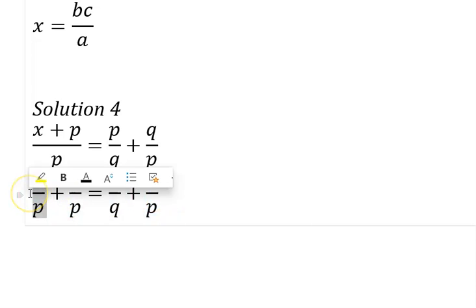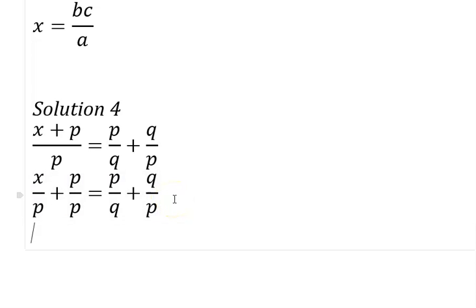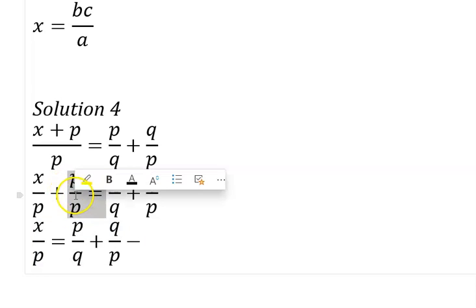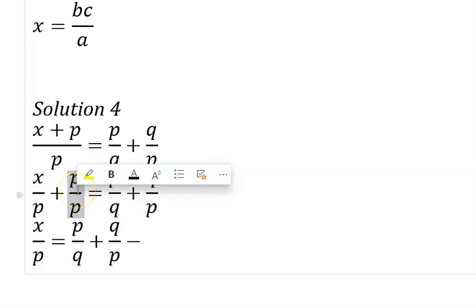So now we have our X over P equal, we have this minus, because we're actually transferring this P over P. I want to transfer this.